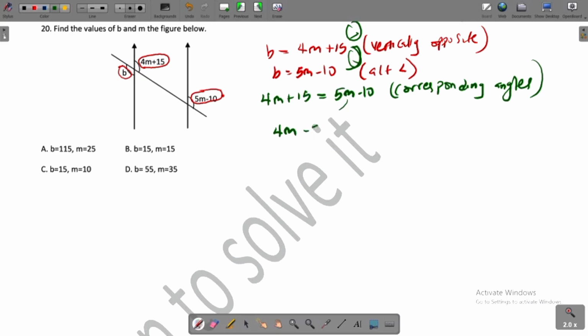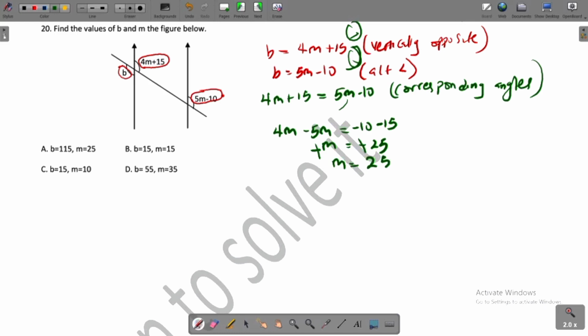We have 4m minus 5m equal to minus 10 minus 15. So 4m minus 5m gives us minus 1m, that is minus m. And minus 10 minus 15 gives minus 25. So this can actually cancel this.